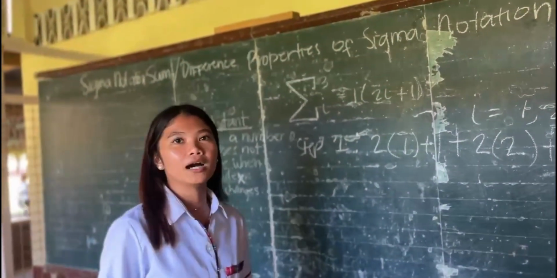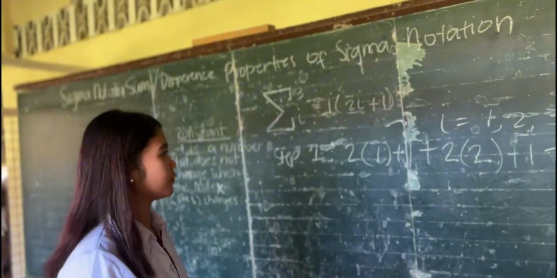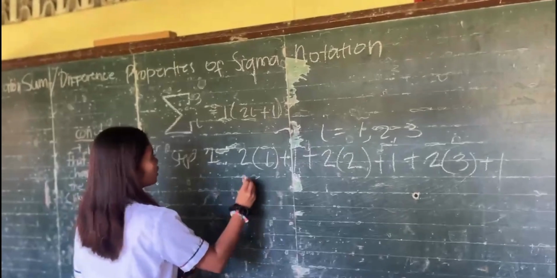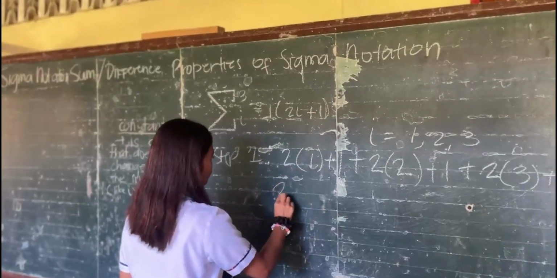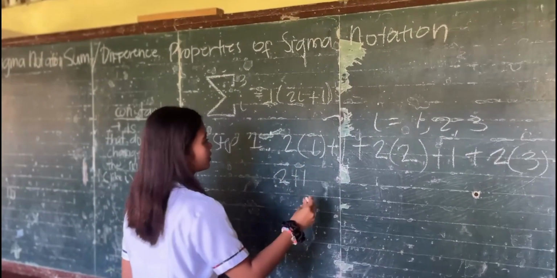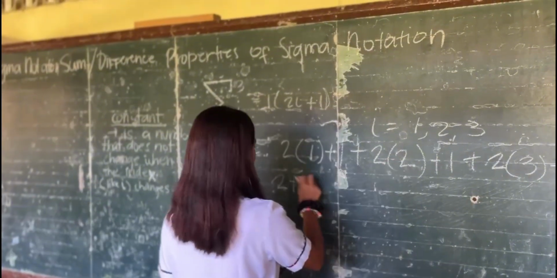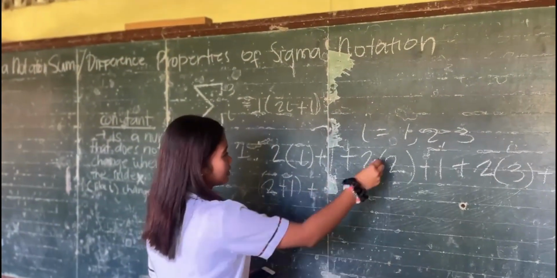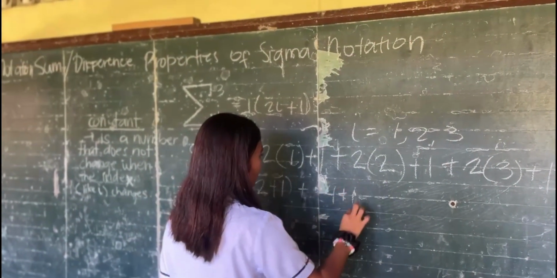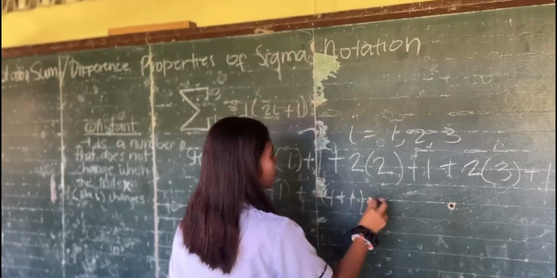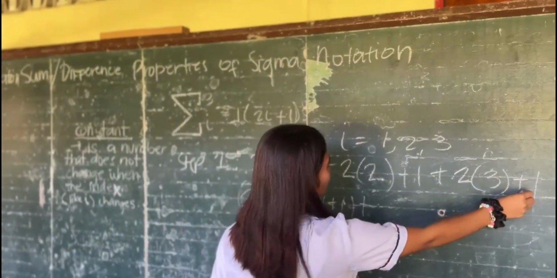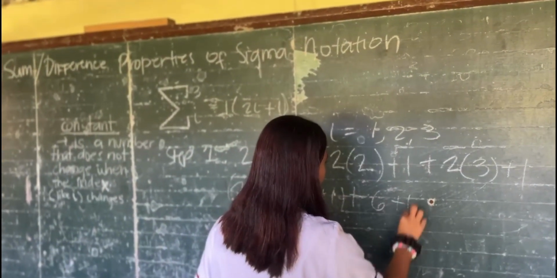So now we will solve each sum. So 2 times 1 is equal to 2 plus 1, and 2 times 2 is equal to 4 plus 1, and 2 times 3 is equal to 6 plus 1.